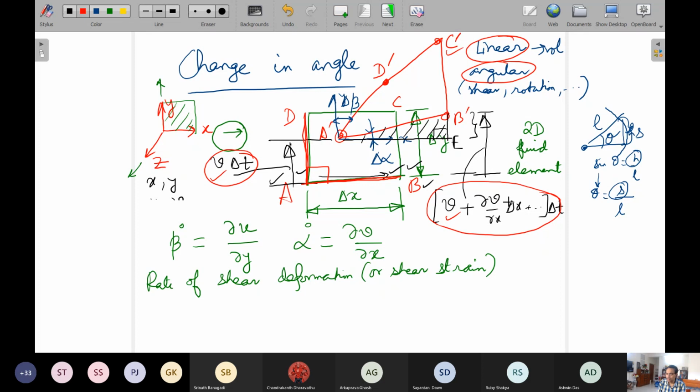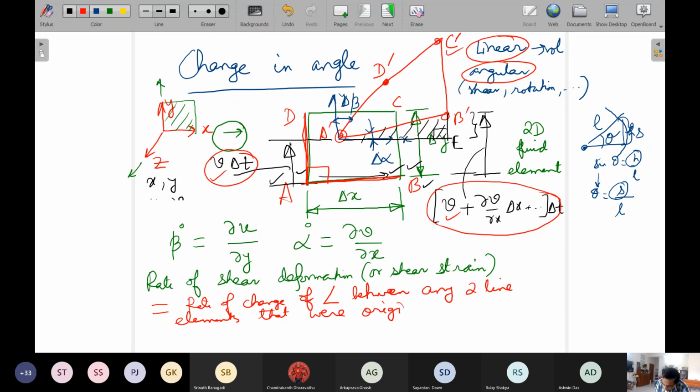So how do we define that shear? This definition is put up, acknowledging that these two are changing angles differently: the rate of change of angle between any two line elements that were originally perpendicular.